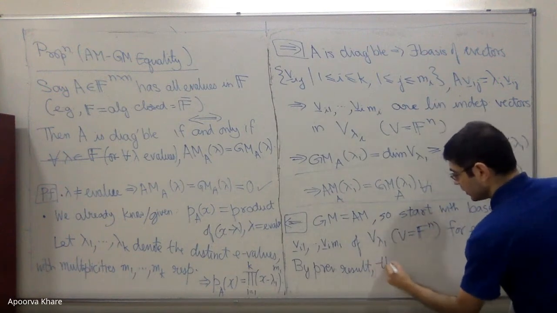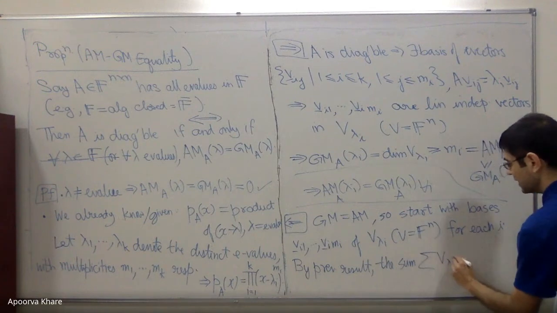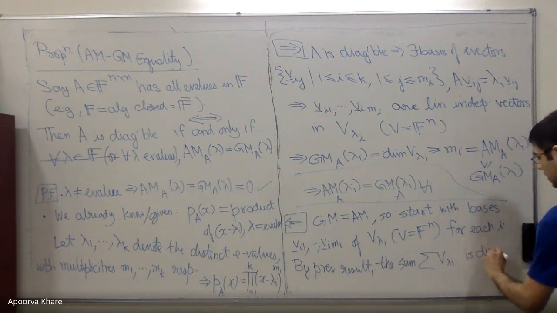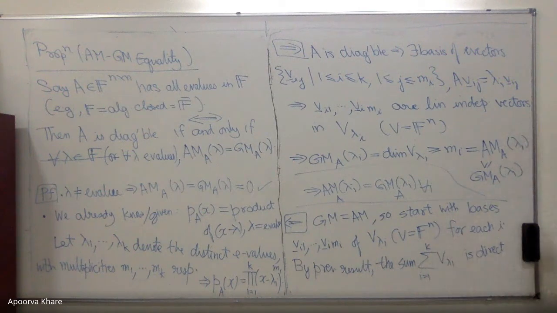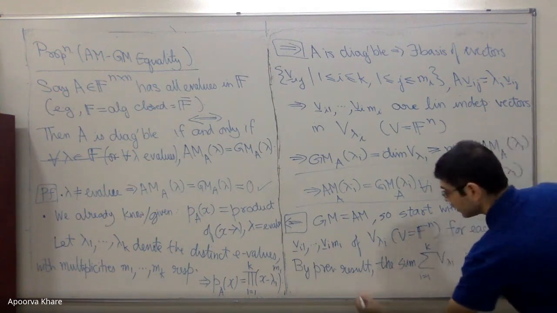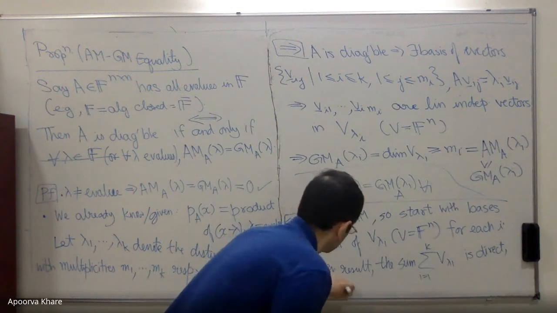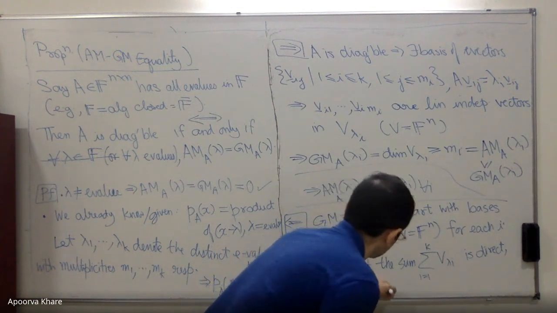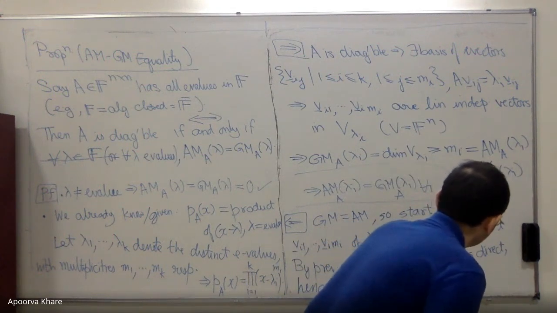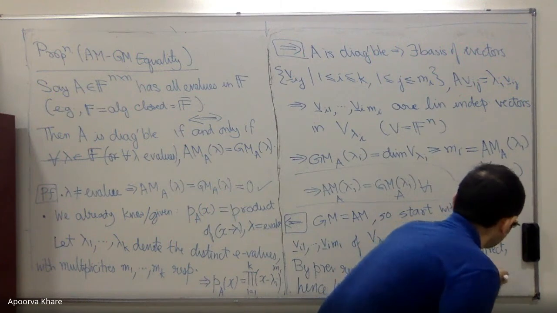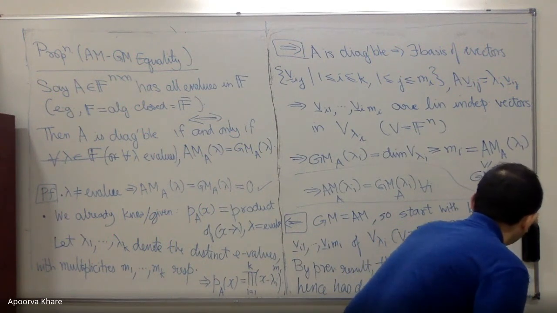The sum of the V_lambda_i is direct, hence has dimension equal to the summation of dim V_lambda_i, which equals the summation of m_i, but that is the full dimension n.